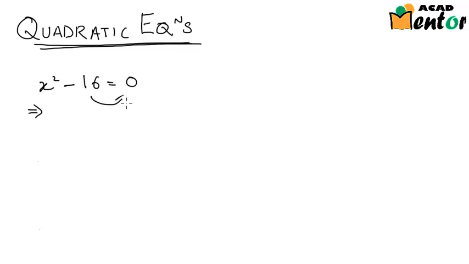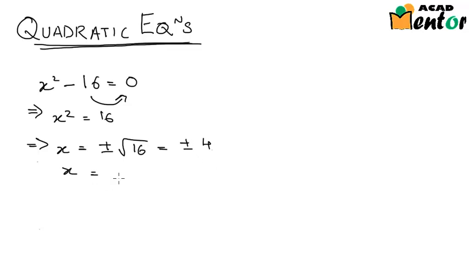We just move the 16 to the right hand side, we would have x square equal to 16. That means x would be equal to plus minus under root 16 or plus minus 4. So x is either equal to 4 or negative 4. This is a solution. Pretty simple, isn't it?